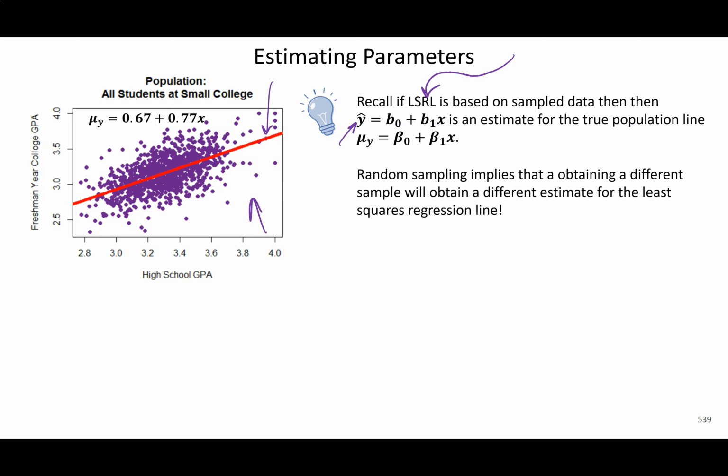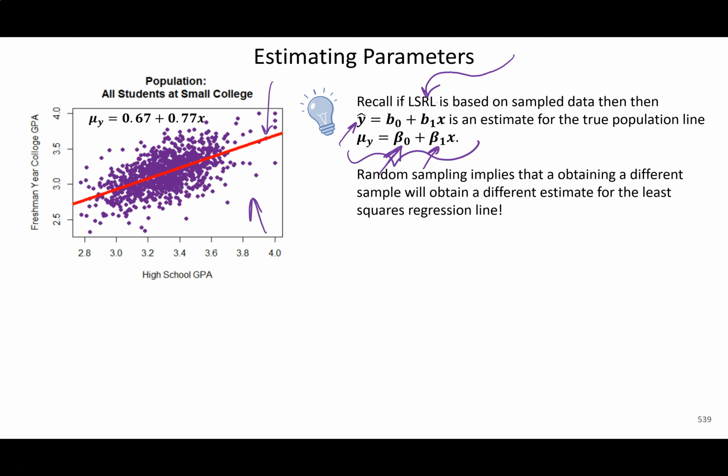The y hat tells me this is estimated using sample data. The letter b, so b0 and b1, tells me these are sample statistics. So b0 estimates beta 0, and b1 estimates beta 1.